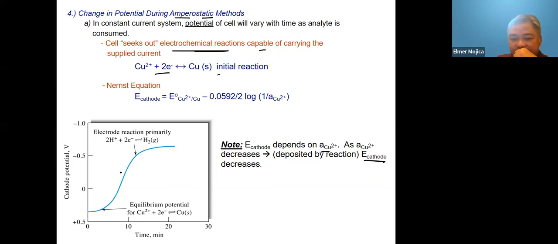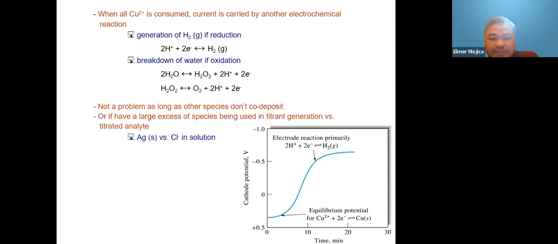Okay. So here, usually nag-establish sila ng equilibrium potential. But after some time, okay, nagbago yung potential, pwedeng magbago yung current na magre-result sa iyo. So that's one of the problems that you have if the potential is changed during the amperostatic method.